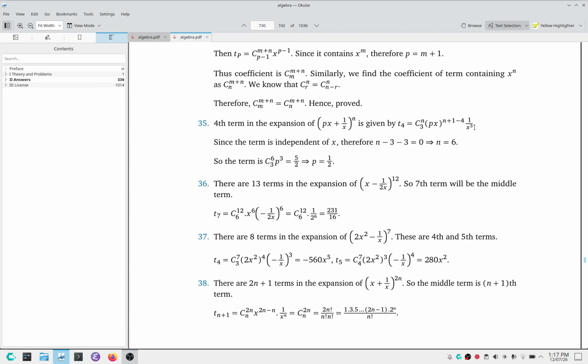Is this to the power 3, right? No, it is 1 upon x cubed, so that's fine. Now since the term is independent of x, we have n minus 3 minus 3 is equal to 0, so n is equal to 6, and the fourth term is 5 upon 2, so p is equal to half from this.